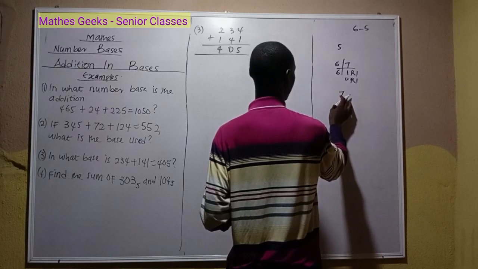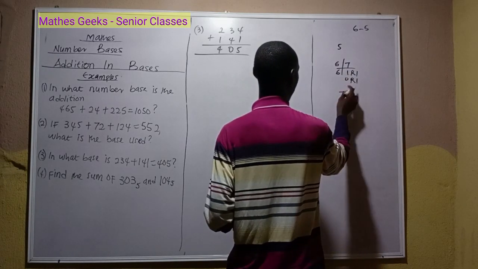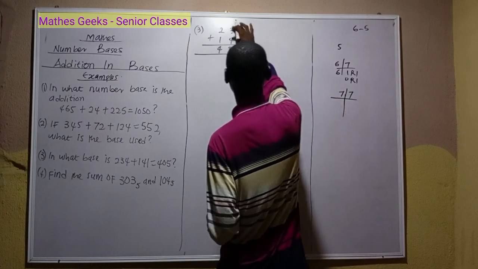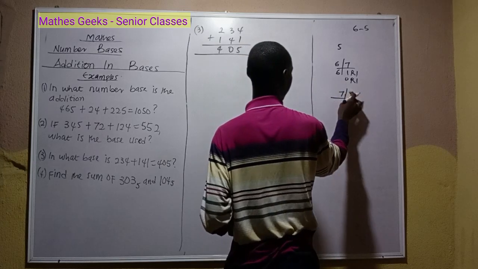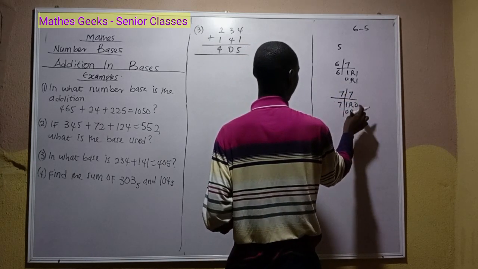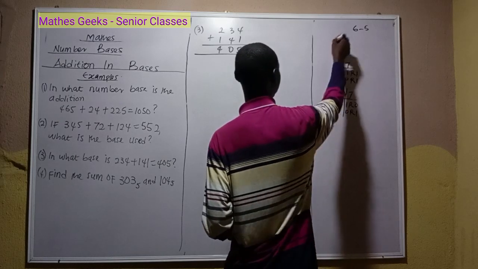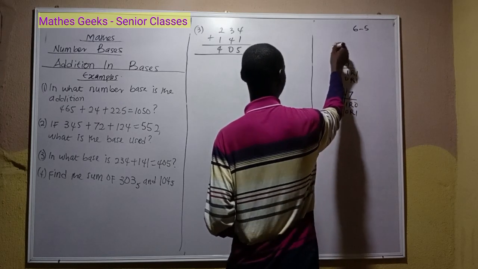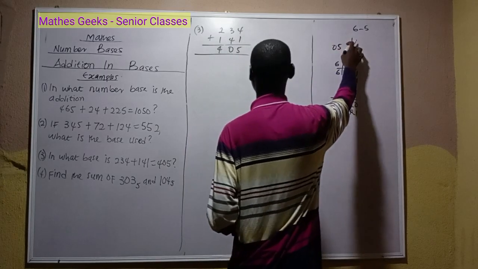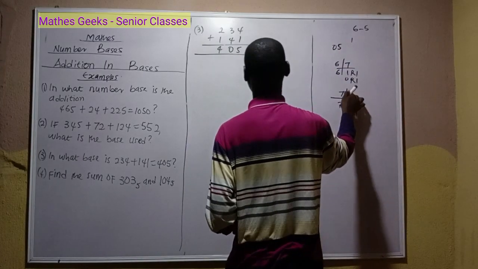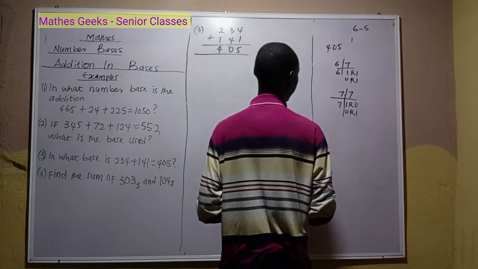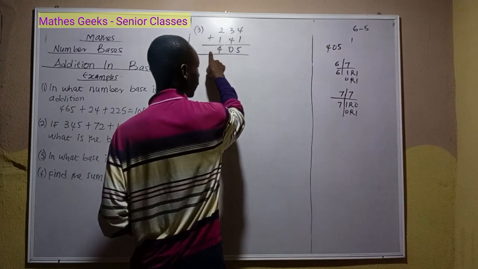So let's say 7 in base 7. So 3 plus 4 is 7. And 7 in base 7 is 10, so the first digit is 0. So I'm going to write 0 here and carry 1. So 2 plus 1 is 3, plus this one, 4. Since it's base 7 and 4 is not greater than 7, we write down 4. So what do we have? 405. And what do we have here? 405.